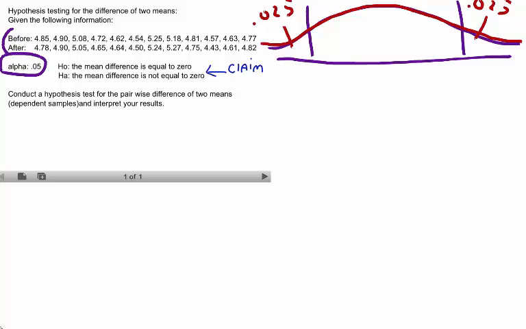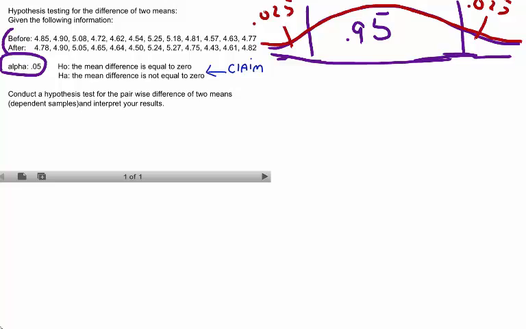We'll represent those amounts in decimal form. We split our alpha of 0.05 into 2 and put half in each tail. And we can also recognize that this corresponds to a 95% level of confidence.